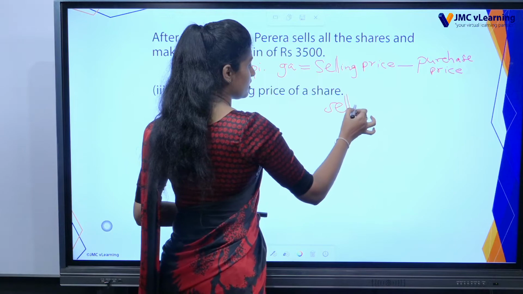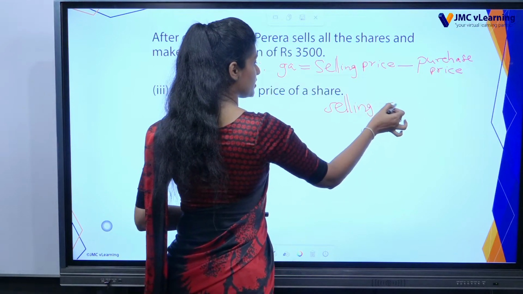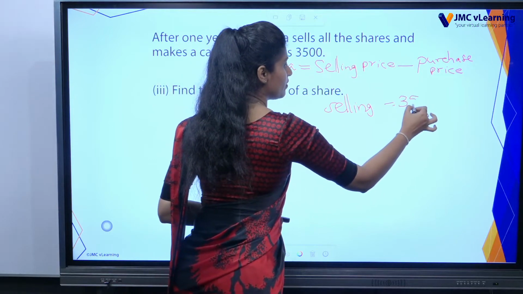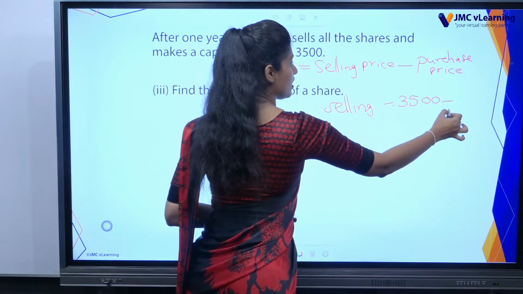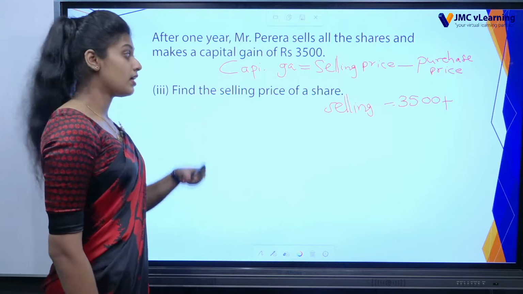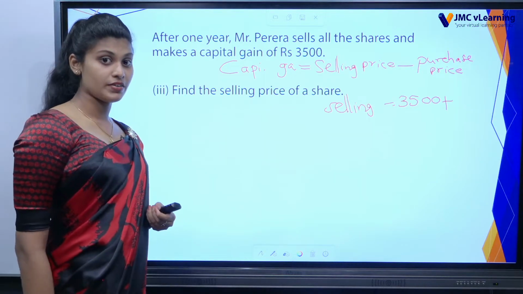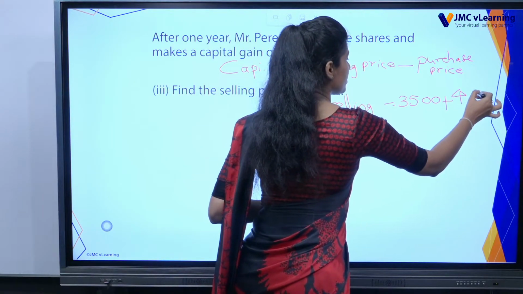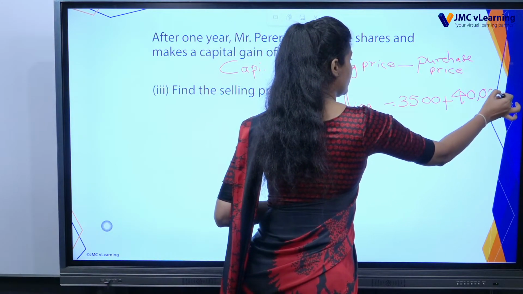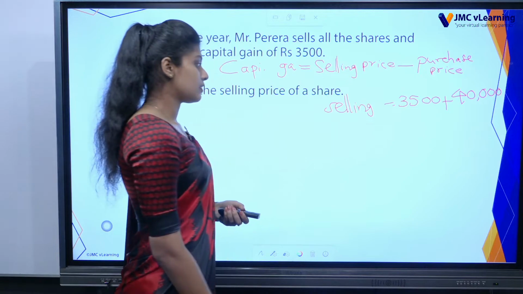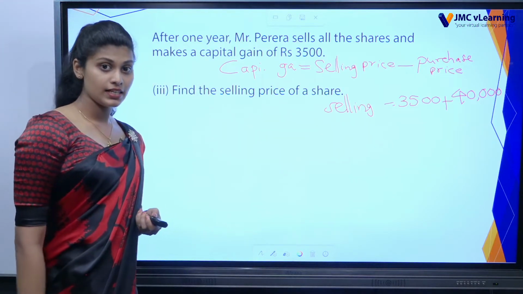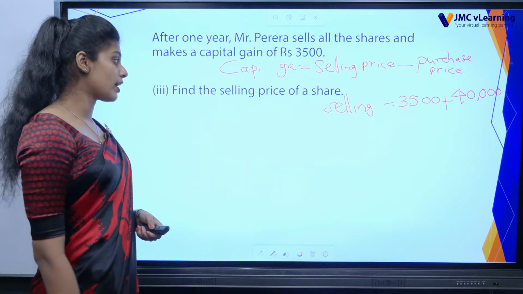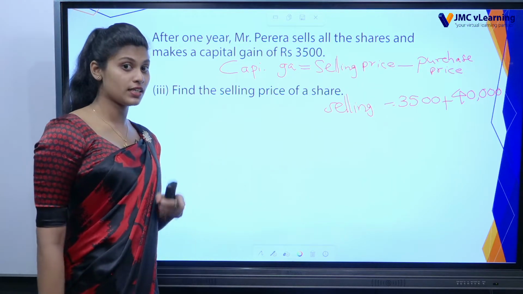Then selling price is equal to capital gain, 3,500. The purchase price is what Mr. Pereira invested earlier, 40,000. That purchase price you have to add here. This is the selling price, but in this question you have to find the selling price of a share.